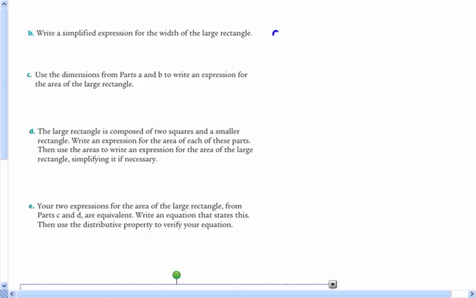So our width is 2x plus 1. And I think some of you are thinking x plus x is x squared, but no, that's x times x. x plus x is 2x. Okay? Now it says use the dimensions from part A and B to write an expression.